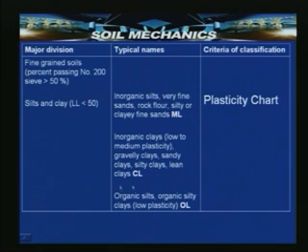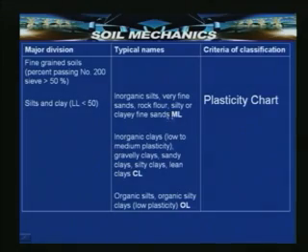CL indicates inorganic clays of low to medium plasticity. Sometimes borderline cases do exist. In the plasticity chart, for some low plastic soils, it is CL-ML. CL-ML indicates a borderline case which lies above the A line, which exhibits low plasticity as well as some clay fine characteristics.